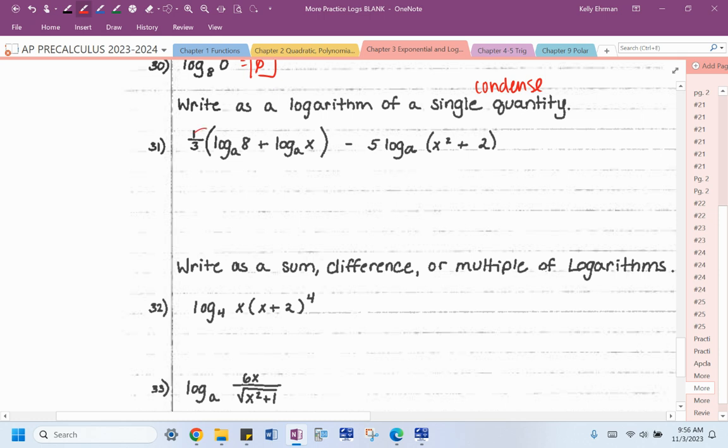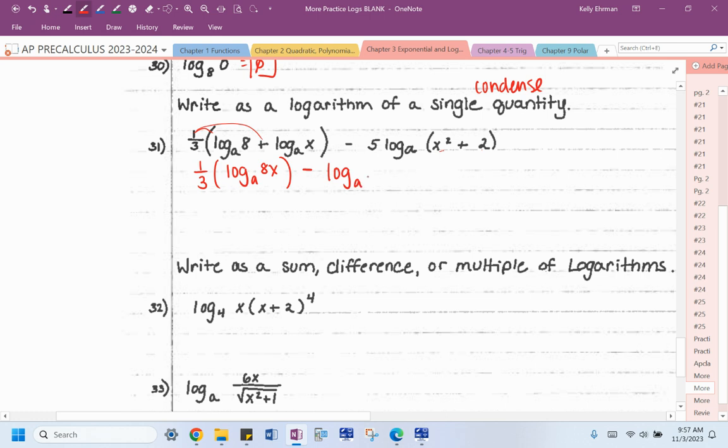The number out in front can be distributed so that it can become an exponent. Or we could condense inside of the logs first. So I could make this the log base A of 8 times x minus this one. I can't, these two things are being added inside the logarithm. There's nothing to condense down.